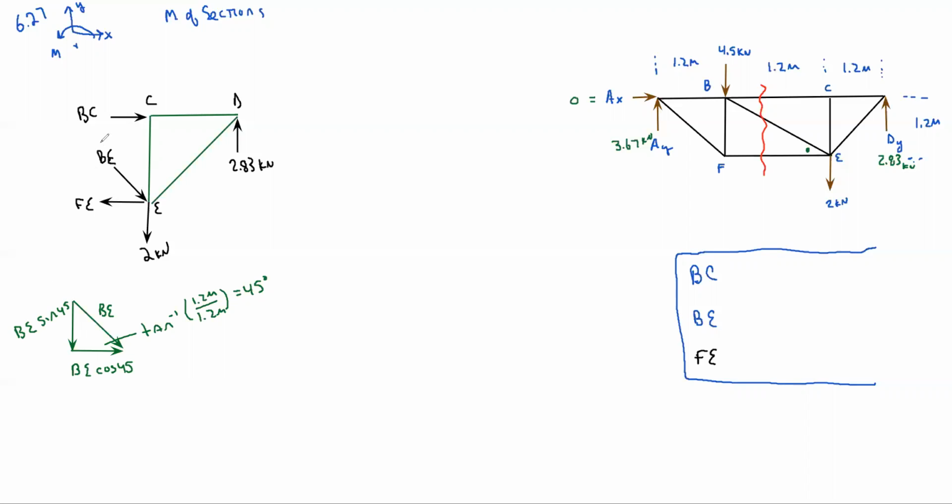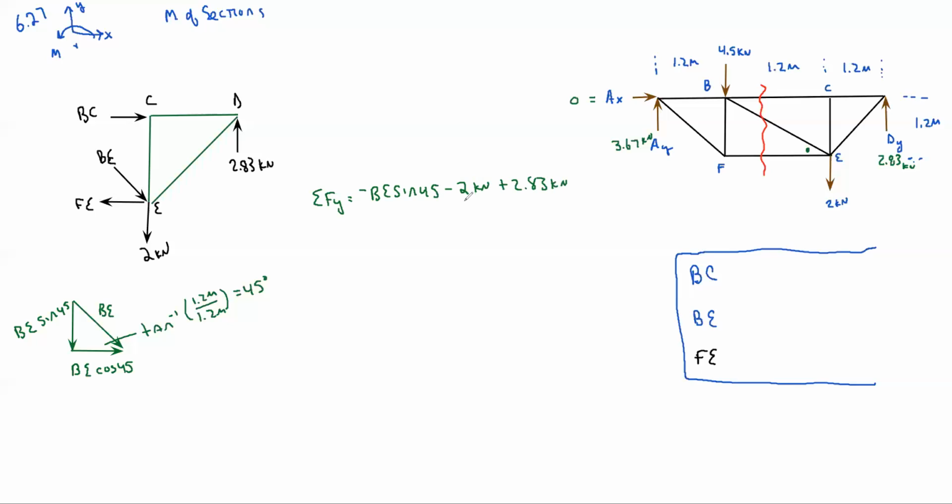What do we got going on here? We've got three unknowns in the x direction, but we can certainly grab the y direction. So summation of forces in the y direction is equal to negative BE sine 45 minus 2 kilonewtons plus 2.83 kilonewtons.